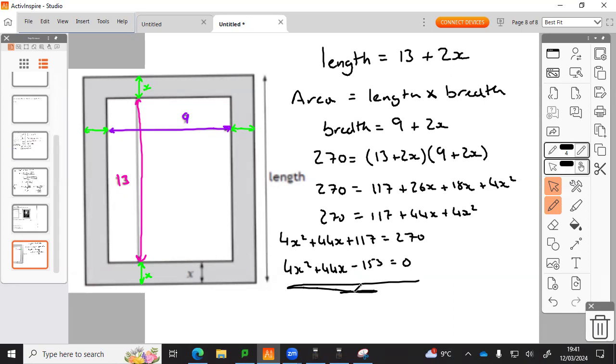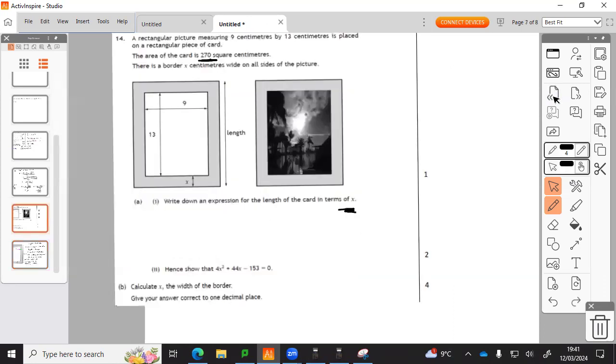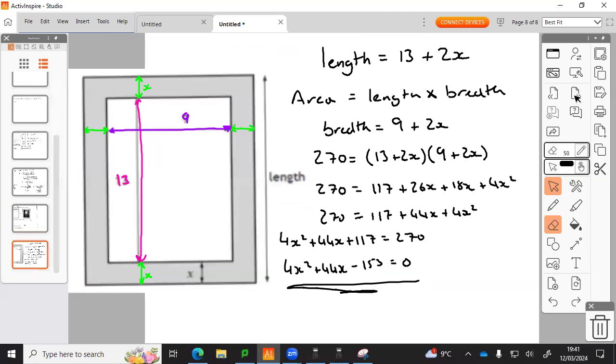How did you get it to the five? Just move the 270 across. And where did you get the 270 up there? Okay, so that's us showing that answer. Where did the 270 go? Like now it says equals 0.